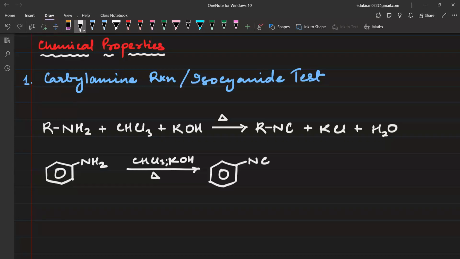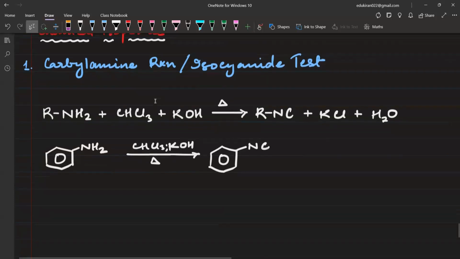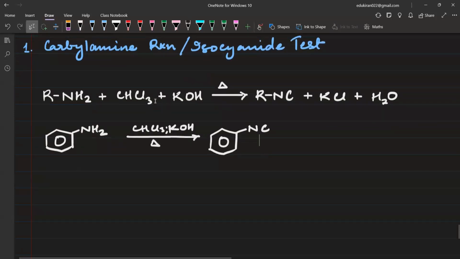So both primary amines, aromatic or aliphatic, both will show it, but they must be primary amines. Okay?